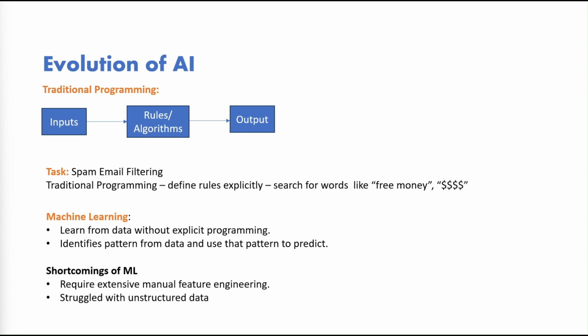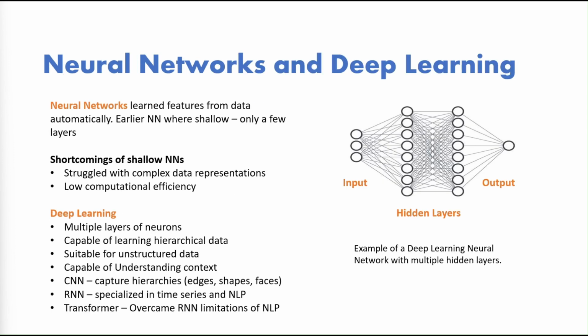One shortcoming of machine learning is that we need to manually do the feature engineering. Feature engineering means identifying the relevant input and output from the raw data. Machine learning also struggled with unstructured data such as emails, chat messages, social media posts, articles, and books. Neural networks solved the feature engineering issue by learning the features automatically.